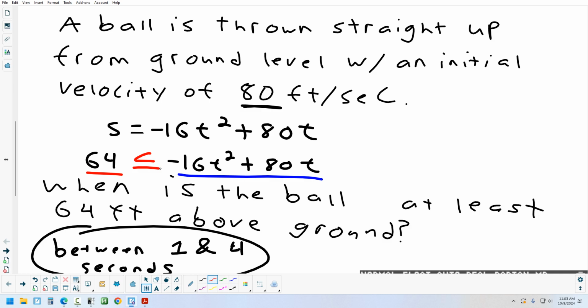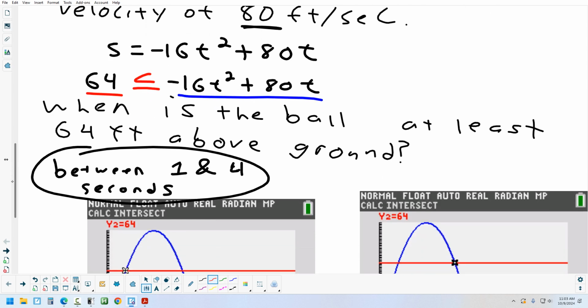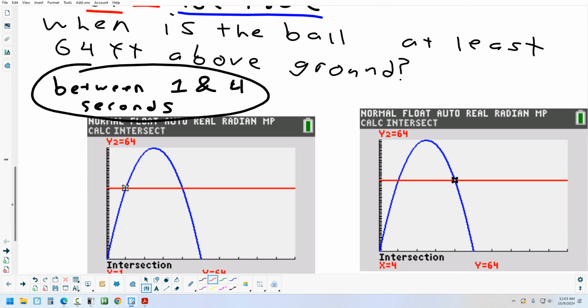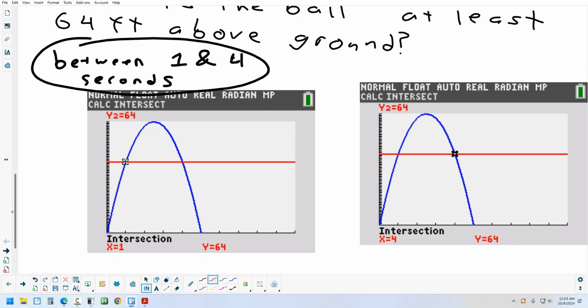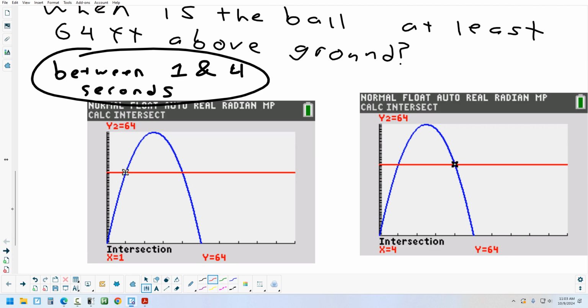When was the blue above or equal to the red? And we did it graphically. So that's one way that you can solve an inequality that has a higher power. You can graph it. Usually you use y1 and y2 and do an intercept.